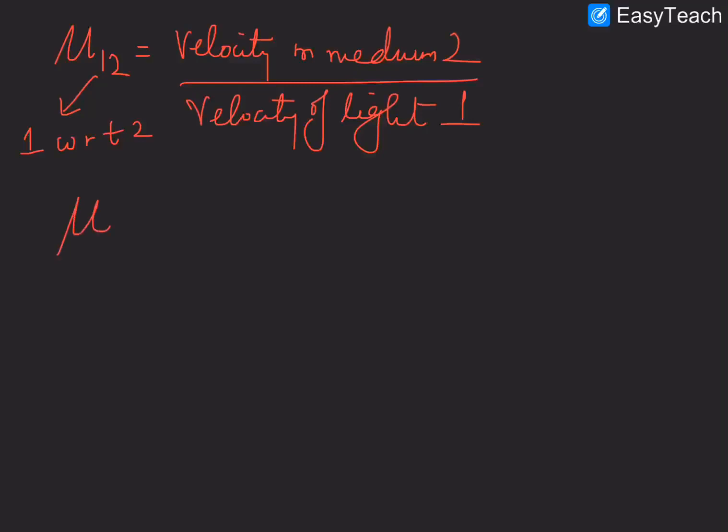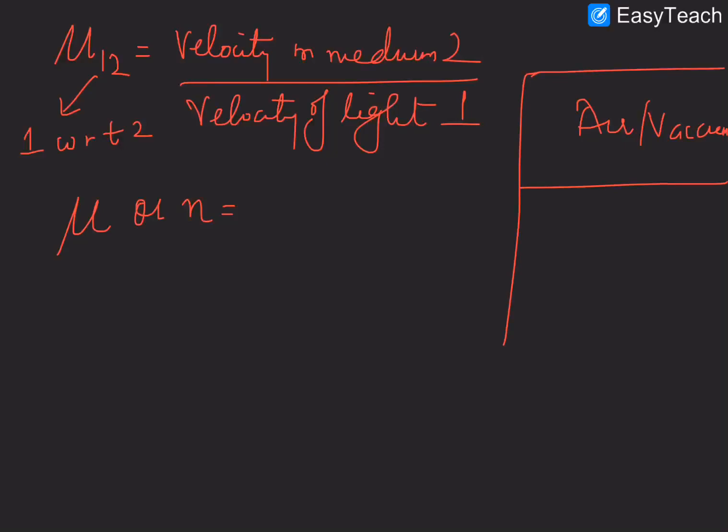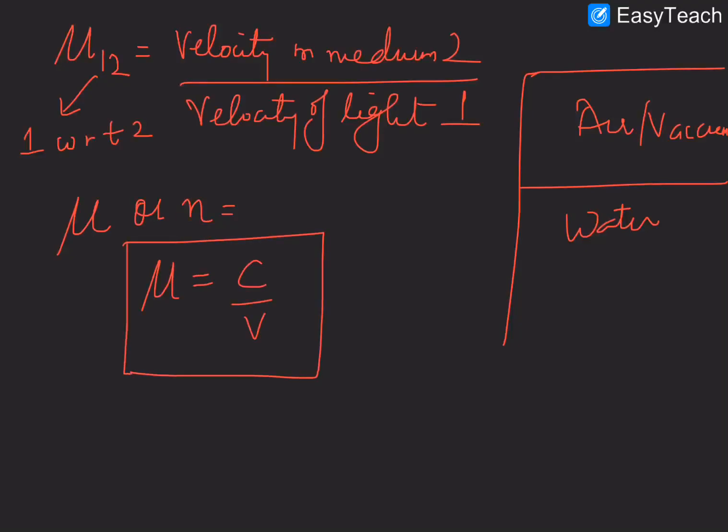We generally write it as mu or n because if the first medium is air or vacuum and the second medium is any dense material, let it be water, let it be glass, let it be diamond, you always write it as mu equals c by v. That is always the refractive index of the second medium with respect to air.